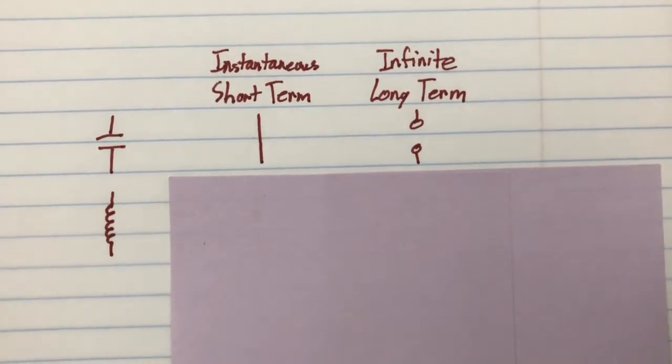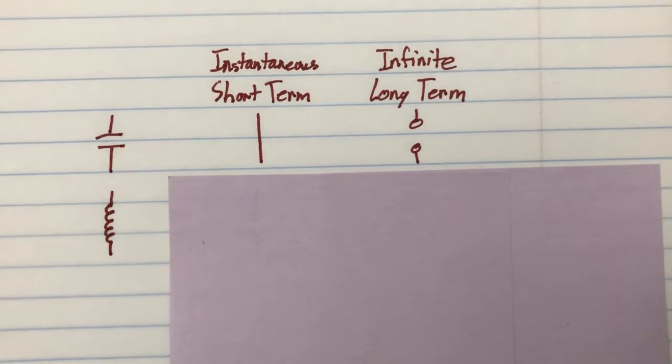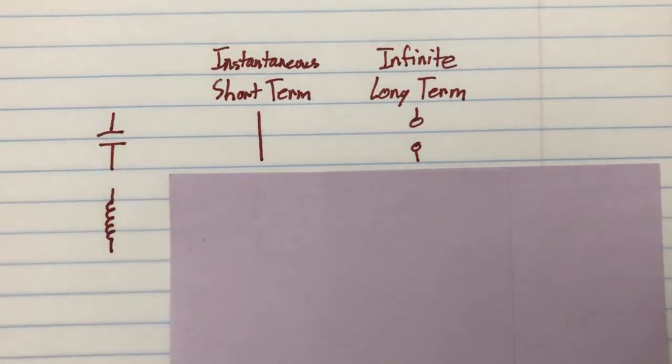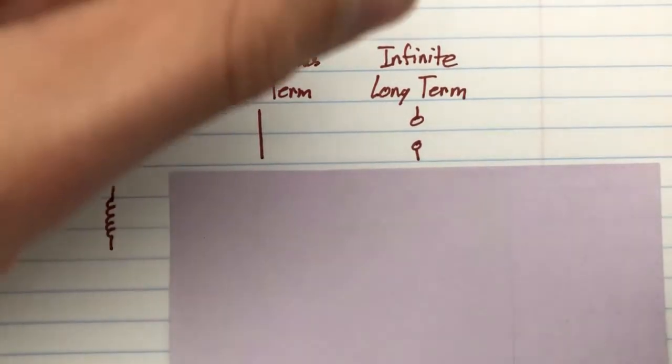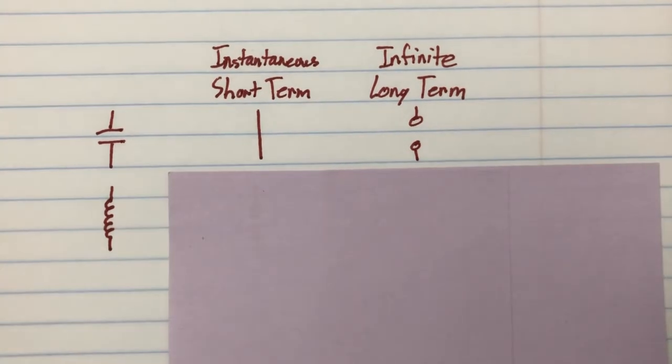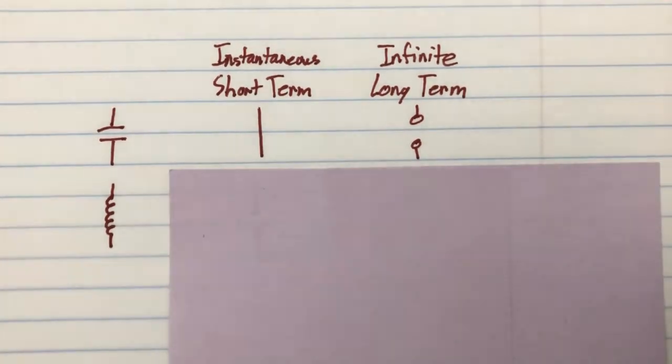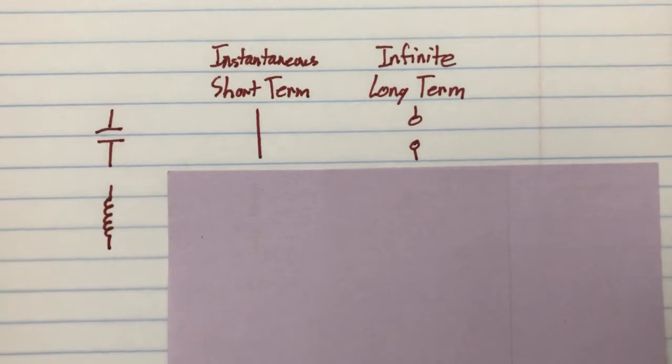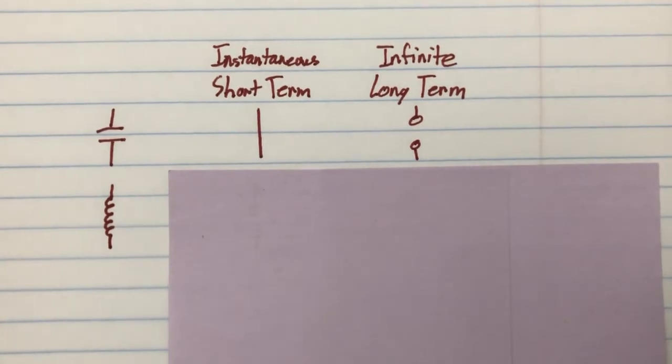So think about capacitors having all these electrons loaded up on top of them, and when a switch closes, instantaneously the capacitor is shooting out electrons just as fast as it can, and it functions almost like a short circuit. And then of course in the long term, capacitors function as an open circuit when they've got the max amount of electrons stored up on top of them.